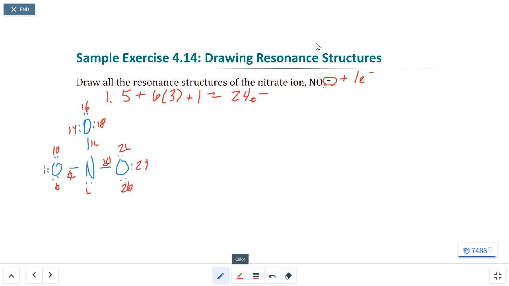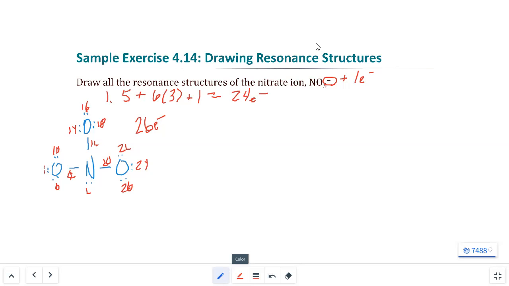I find that I'm 2 electrons over. What do I do with those 2 electrons? Well, it's the same thing we've been doing in each of the last 2 examples. If I'm over, I need to add a bond.